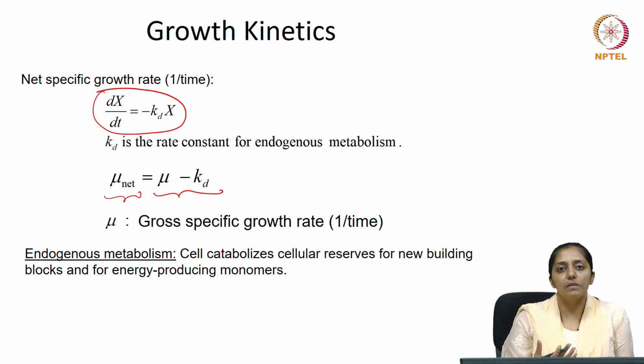So, some of the models take into account the maintenance factor and some models do not, depending on the significance of the maintenance energy, or mathematically the numerical value of Kd.